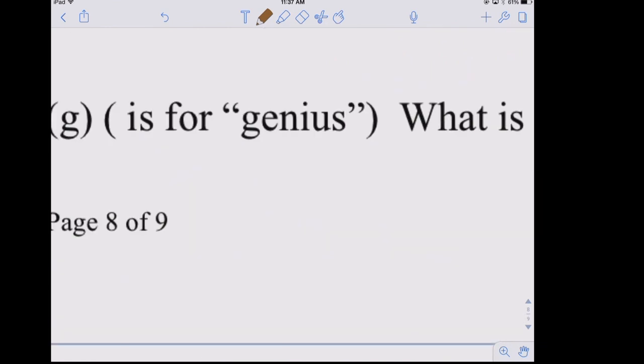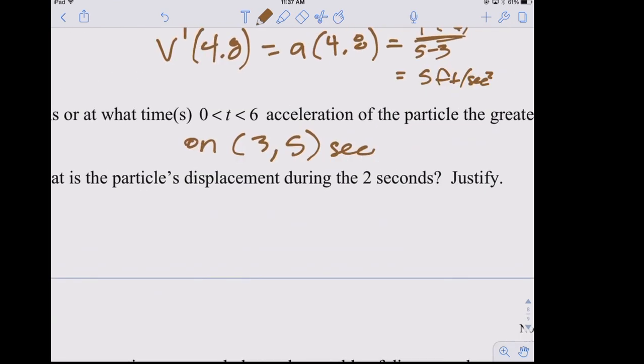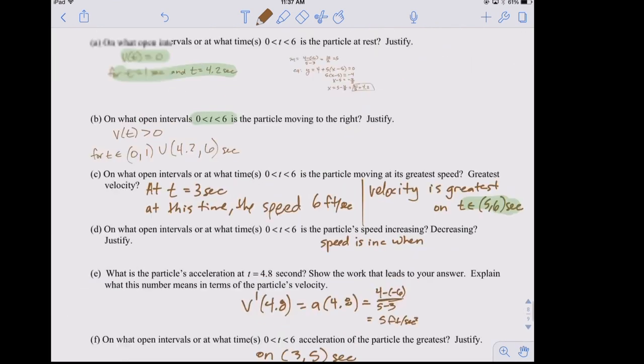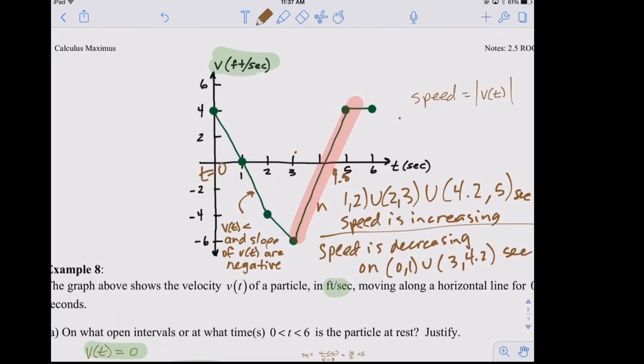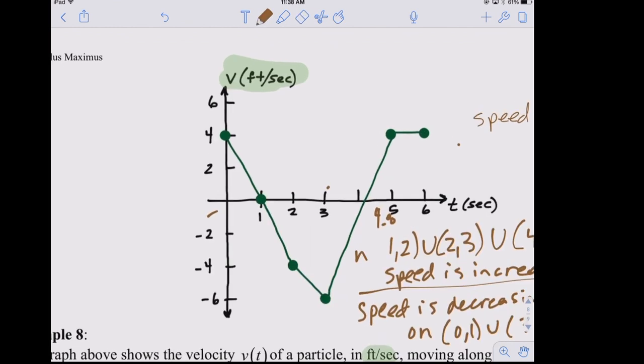G is for genius. What's the particle's displacement during the first 2 seconds? How can we figure that out? Well, that's not too much of a genius question, right? It starts at 4, and then we know that in the first second it travels down how many units?